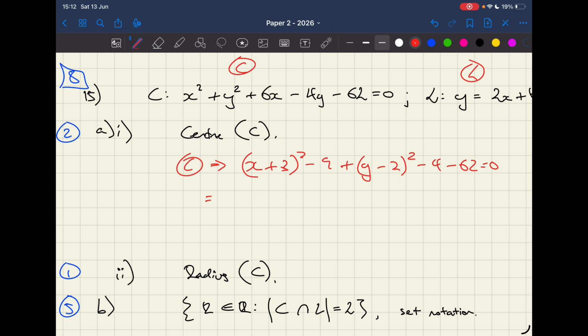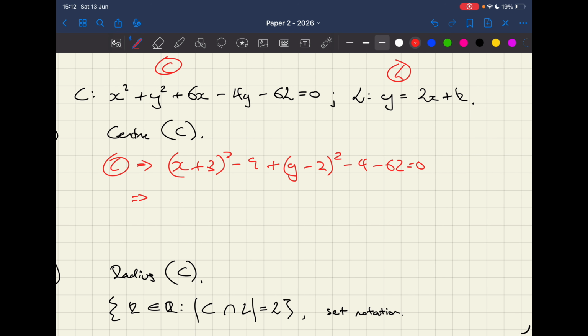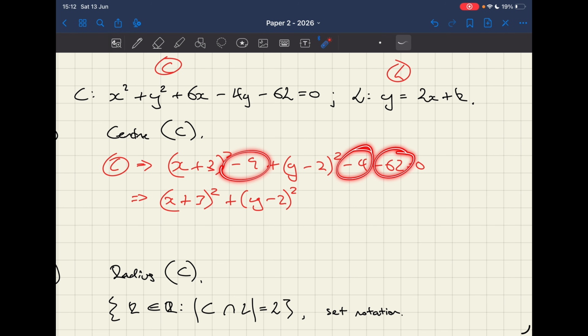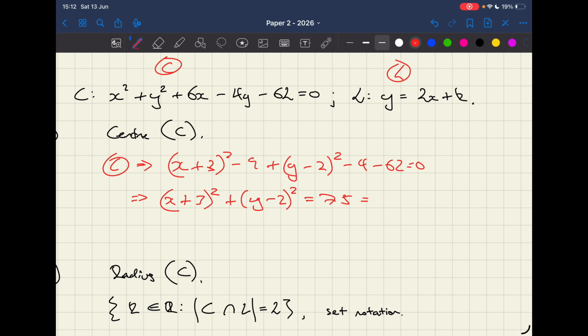This is good. So that tells us we have x plus 3 squared plus y minus 2 squared. This is going to make 75. And that's the same as root 75 squared, isn't it?